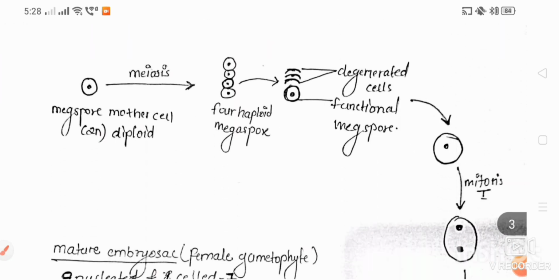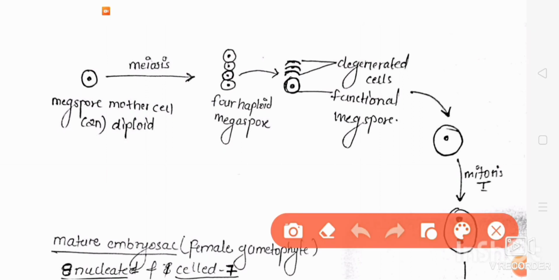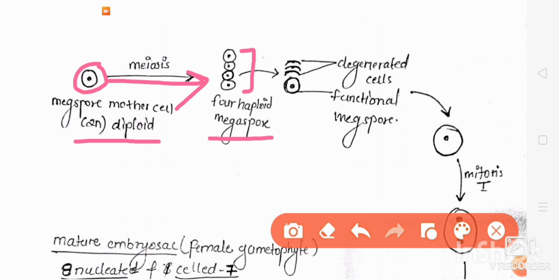The diagrammatic representation of this is like we saw: there was a single megaspore mother cell which was diploid. It undergoes meiosis division to form 4 haploid megaspore cells arranged in a linear fashion, among which 3 got degenerated and 1 remained functional.